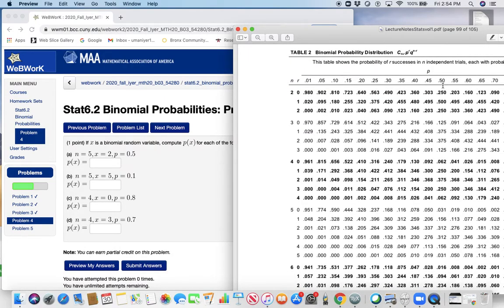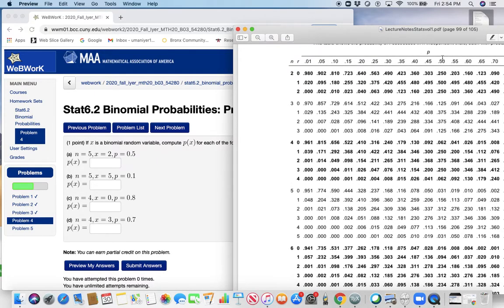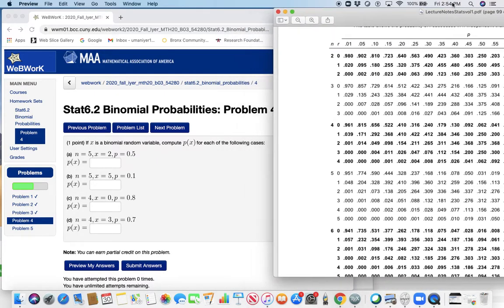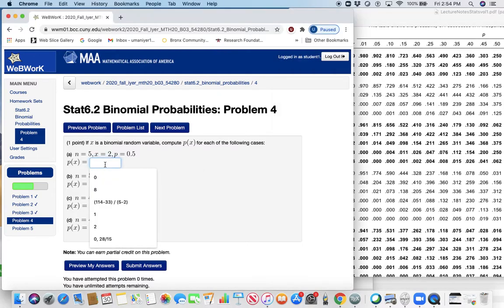That's 0.5, so I need that column. When n is 5, number of successes is 2. So that fetches me 0.312.